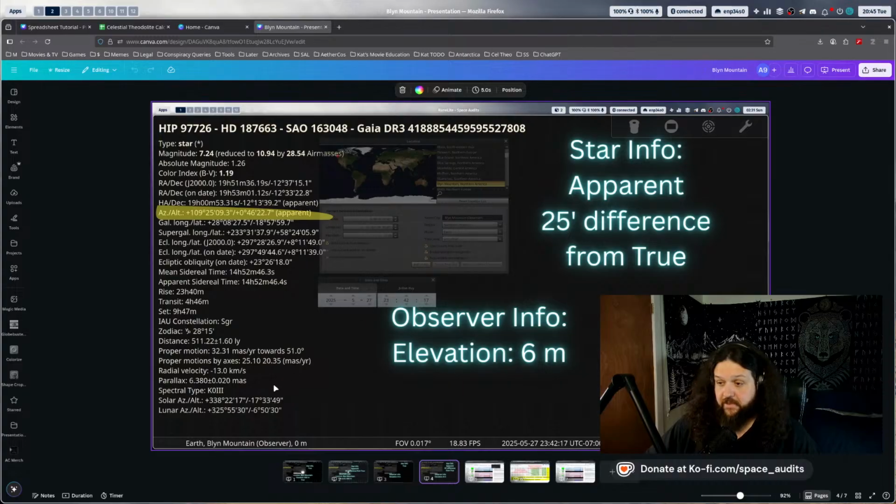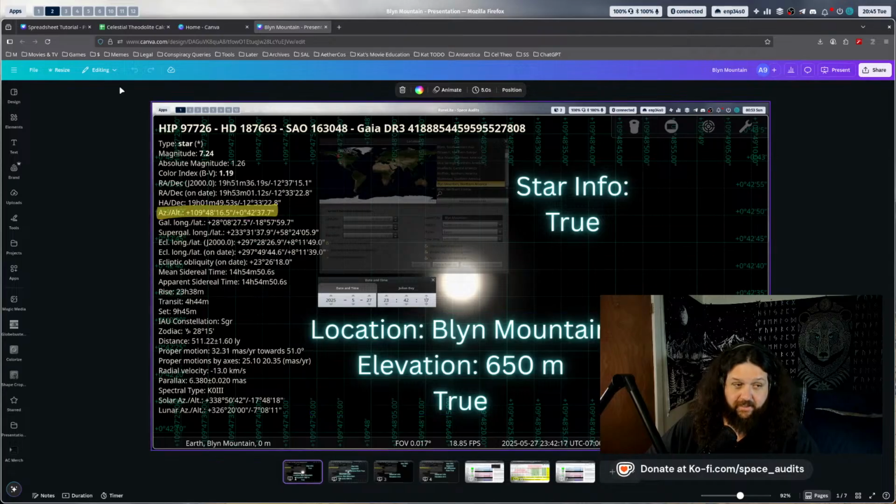So he went to a place where the missing amount would be equal to the celestial refraction correction to offset it. But the fact that it lines up with the true position and the occlusion timing proves the methodology, because otherwise the star would have been visible sooner.